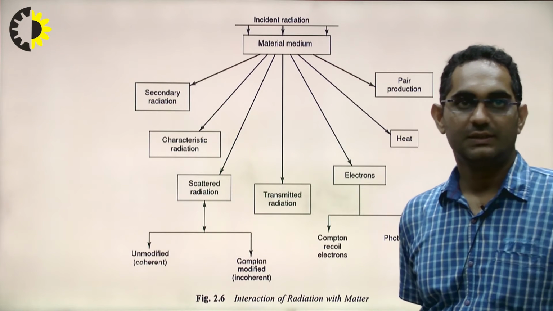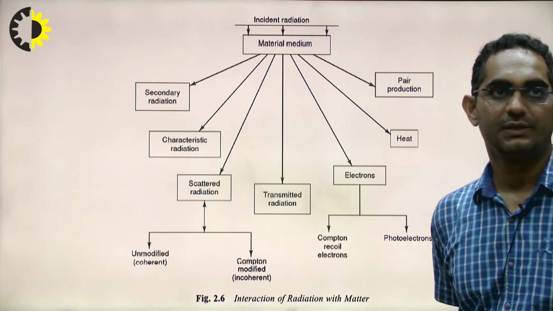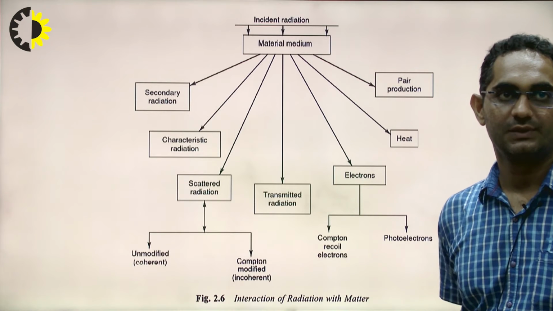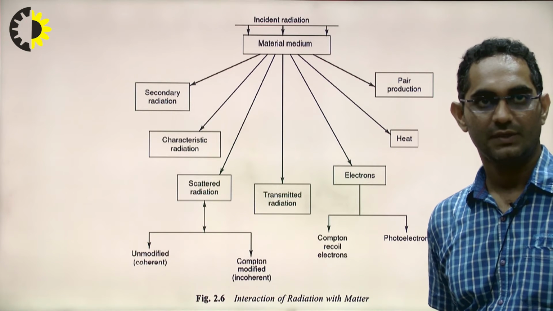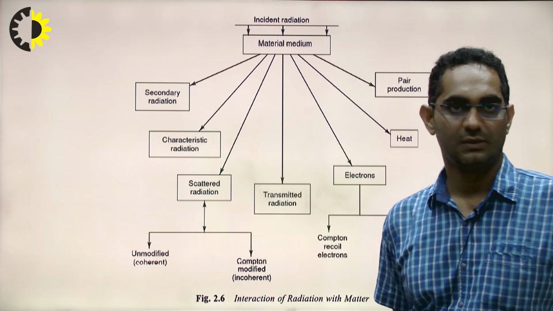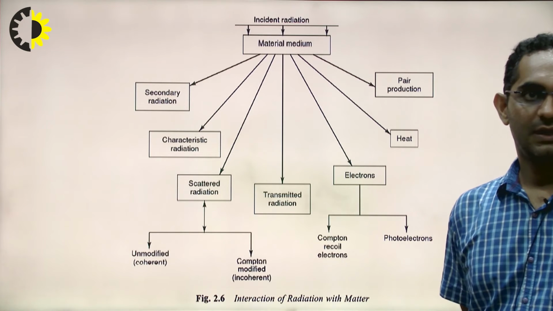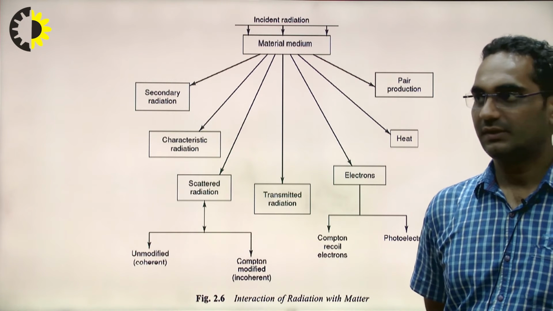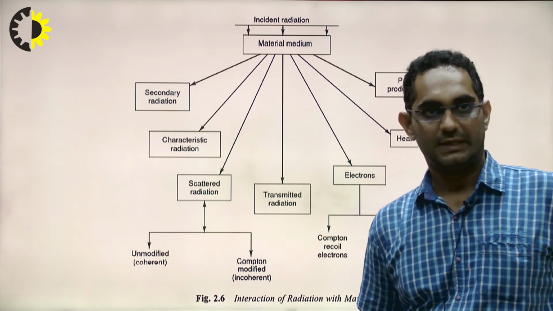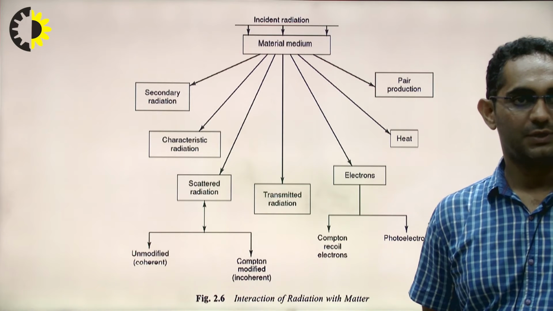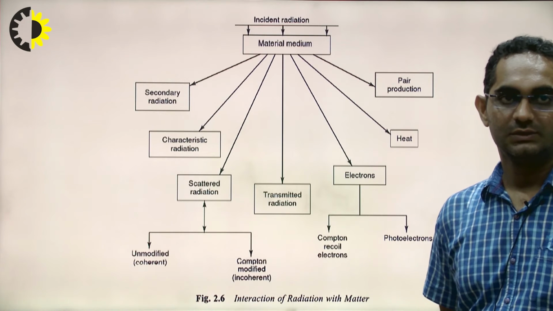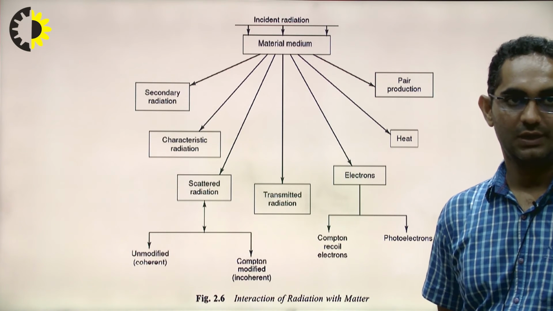So, this is the pictorial representation: the incident radiation falls over this material medium. It gets divided into pair production, heat, and electrons, and Compton recoil electrons, and these are further classified into photoelectrons.